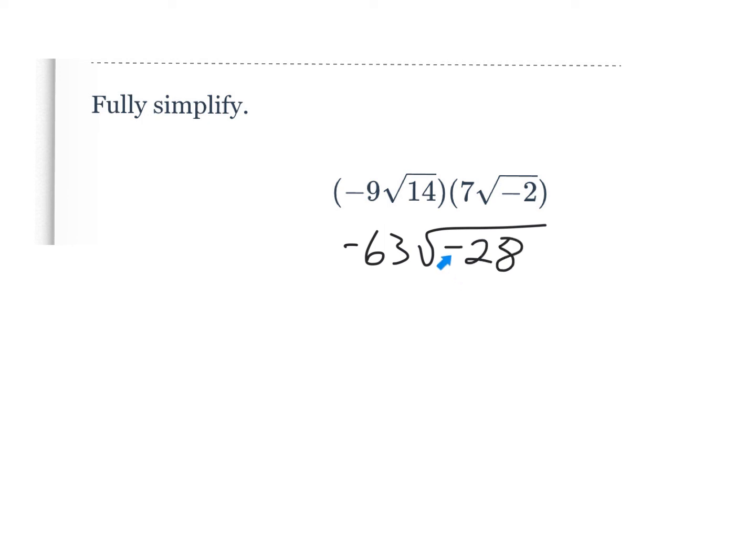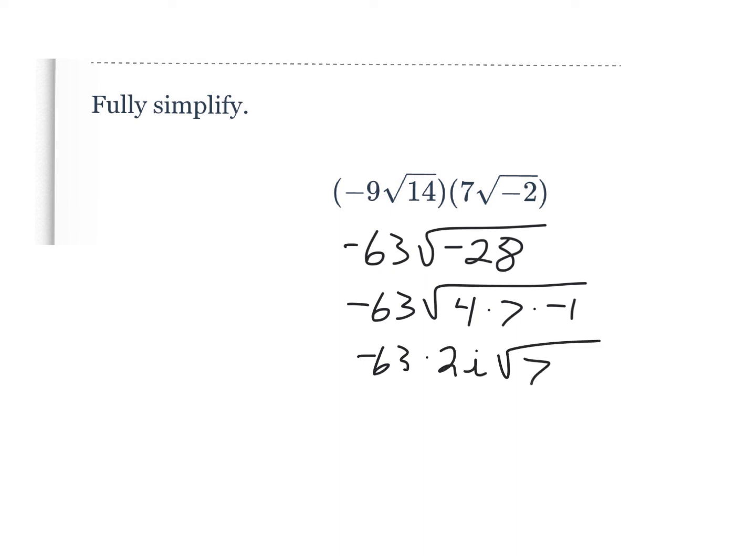So now we need to consider the square root of negative 28, and what are the factors here. I'm just going to continue simplifying that. That'll be negative 63 times, and then we'll have 4 times 7 times negative 1. Well, obviously the square root of 4 is 2, so that's going to come out, and the square root of negative 1 is i. So we're going to have negative 63 times 2i square root 7.